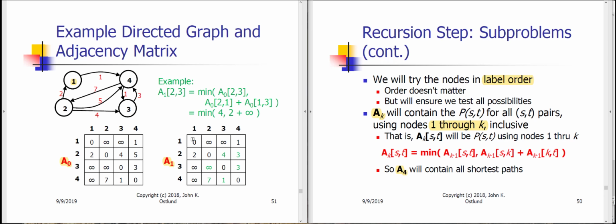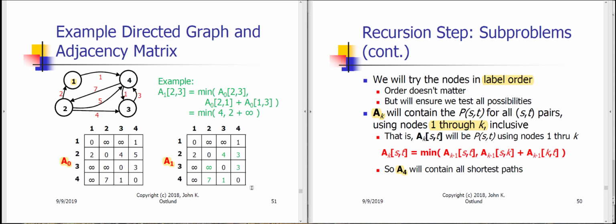Now, we can't have cycles. That is, we can't improve anything starting from node 1 by going through node 1 a second time. So the entire first row here, where 1 is the source, can't possibly change by going through node 1 again. Similarly, the column where 1 is the target can't possibly change for the same reason.